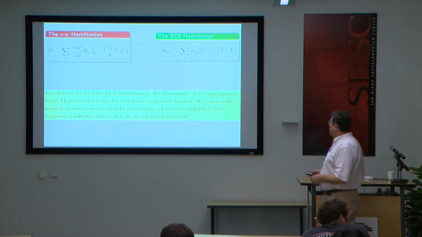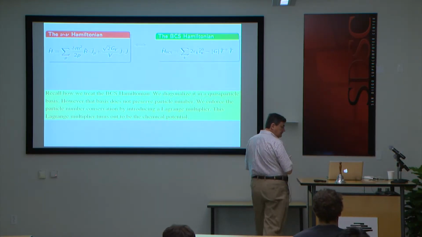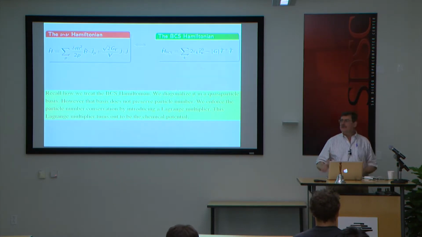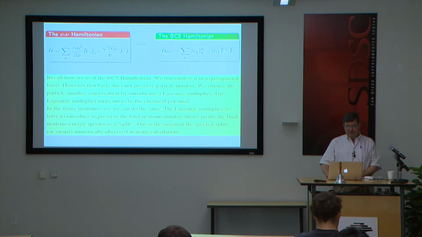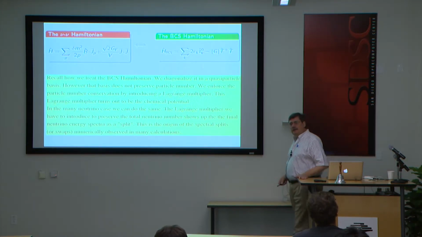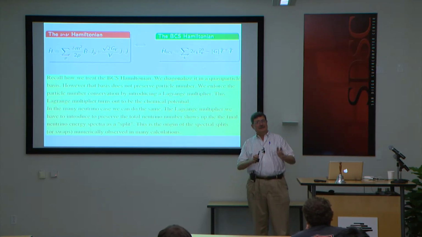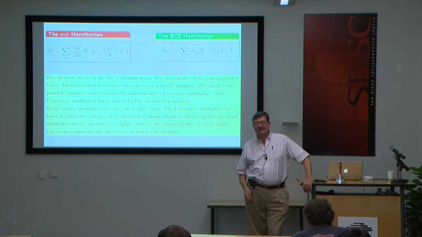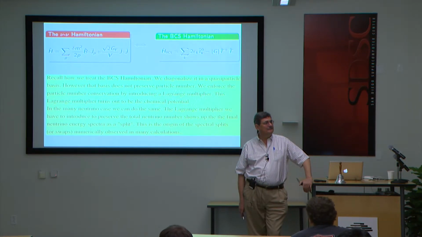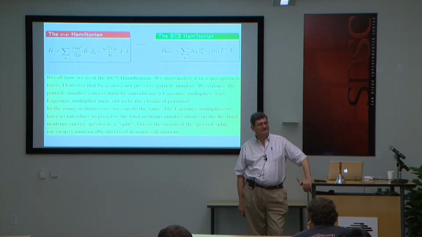But anyway, if nothing else, these conserved quantities help us check our calculations as we go on. Okay? I'm sorry, this is a little bit too technical, but any questions about this?